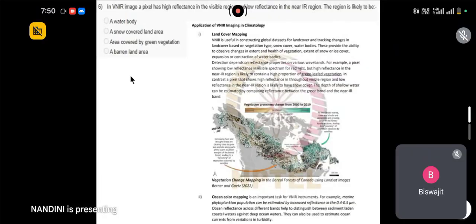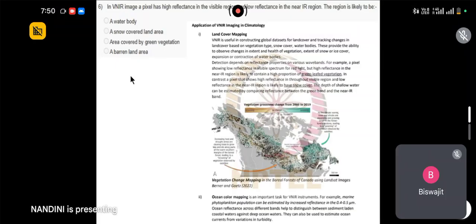In case of visible near infrared image, a pixel has high reflectance in the visible region and very low reflectance in the near IR region. The region is likely to be what? That is the question. When we use visible near infrared imaging in climatology, we generally use it for constructing land use land cover data sets.